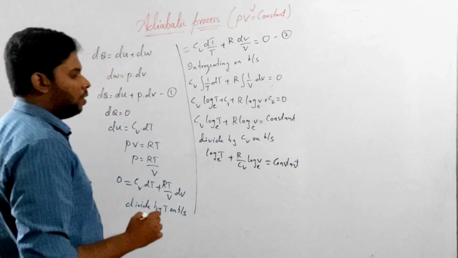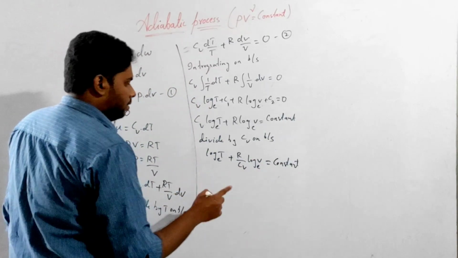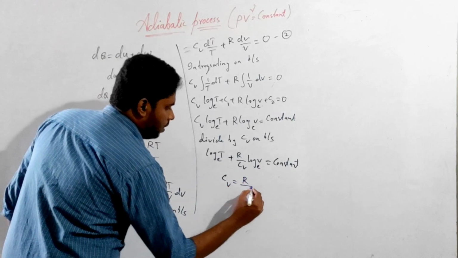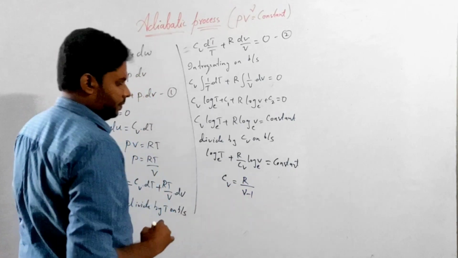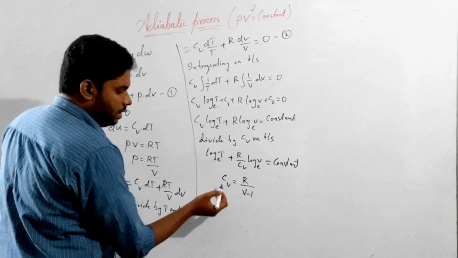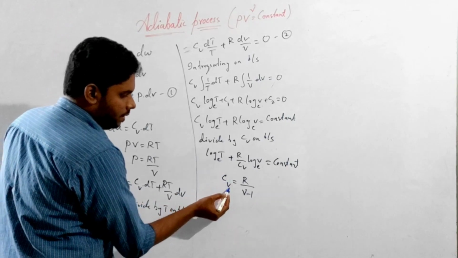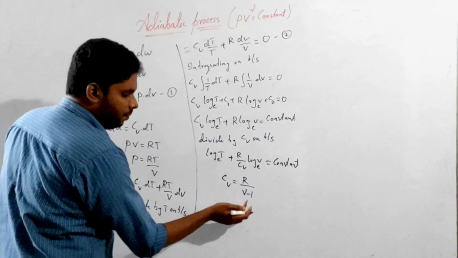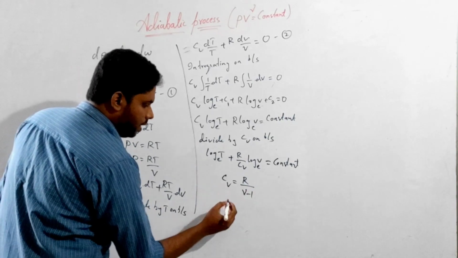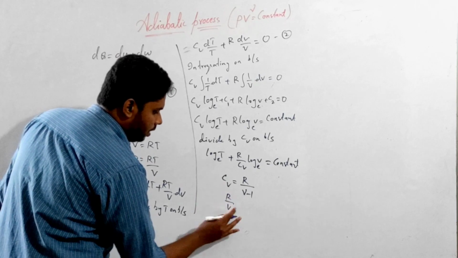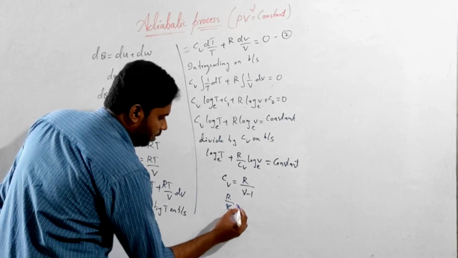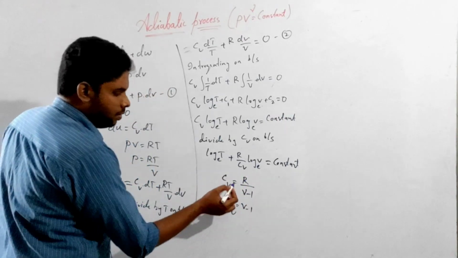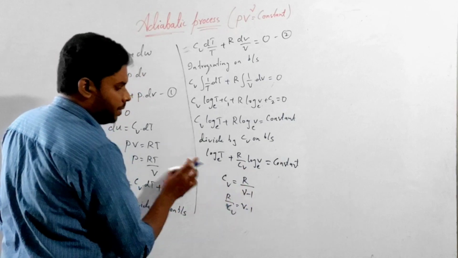Okay, so now there is a relation for Cv. We know that Cv is equal to R divided by gamma minus 1. So if I rearrange the terms, taking Cv to that side in the denominator and gamma minus 1 in the numerator, R by Cv equals gamma minus 1.